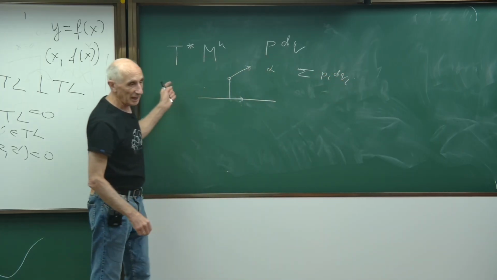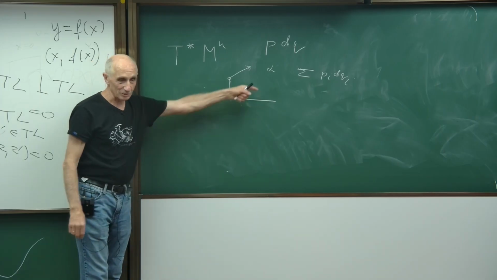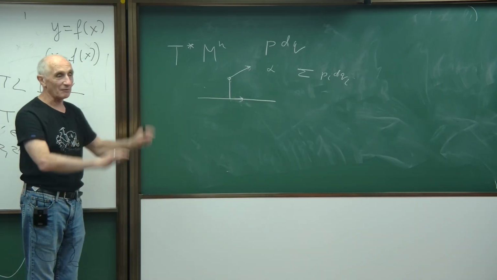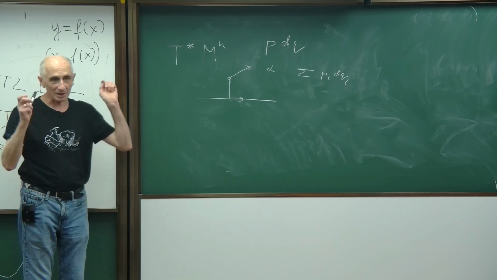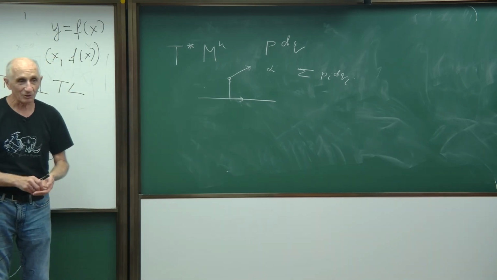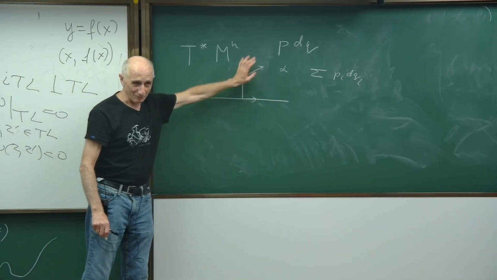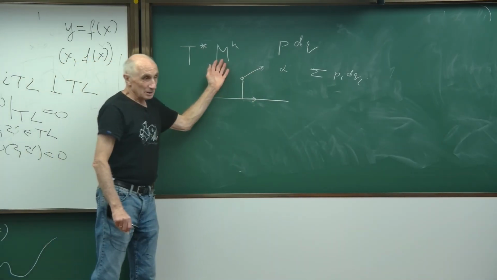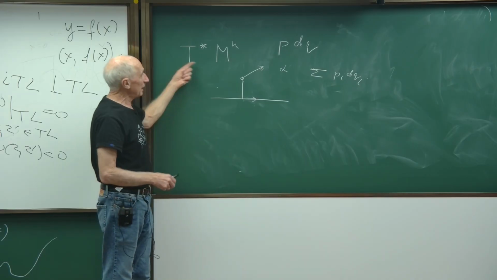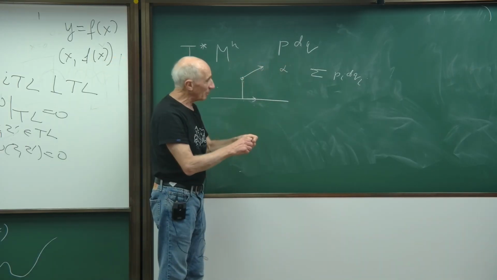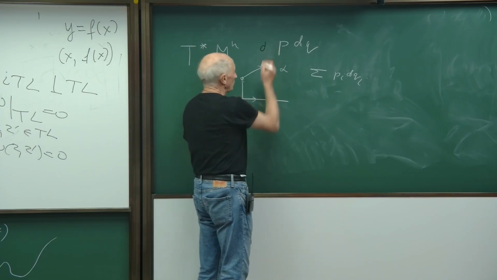If you don't like this, just forget it. Euclidean spaces will mostly be enough for whatever I say. So the cotangent bundle has a one-form and its differential.